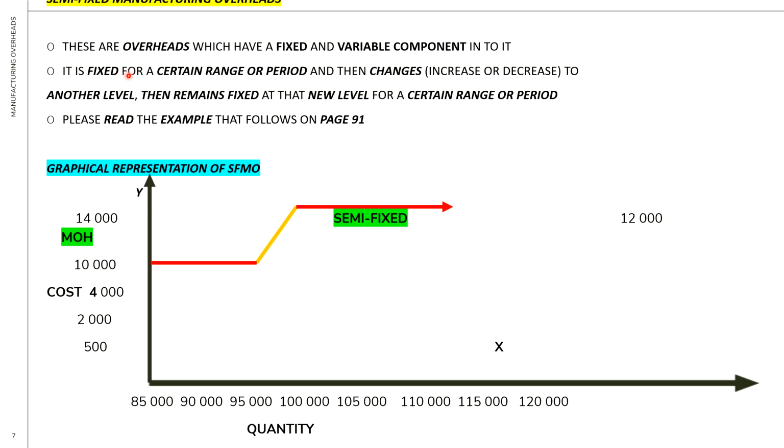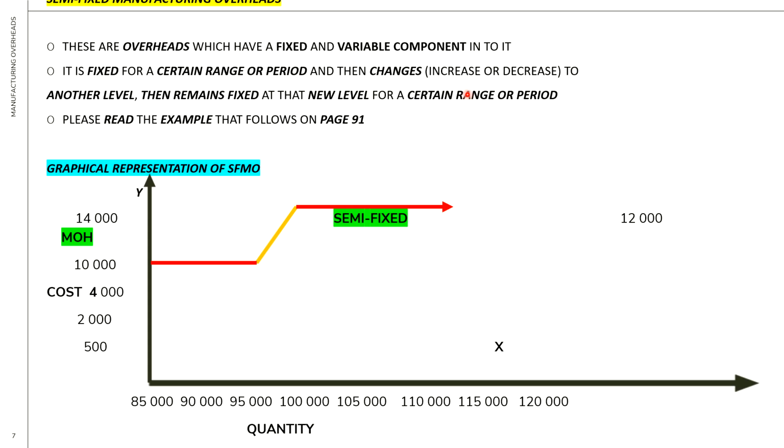So these are overheads which have a fixed and a variable component in it. Okay, so we have a fixed component and a variable component. So it is fixed for a certain period and then changes to another level, then remains fixed at the new level.